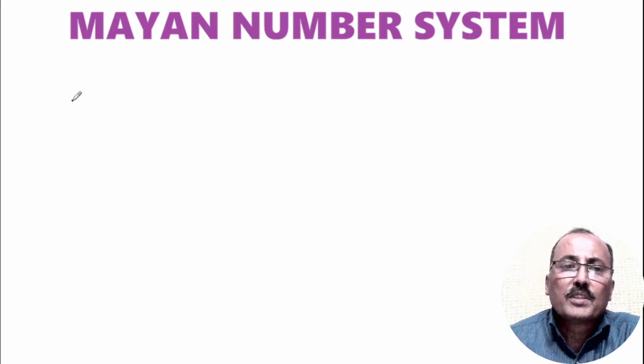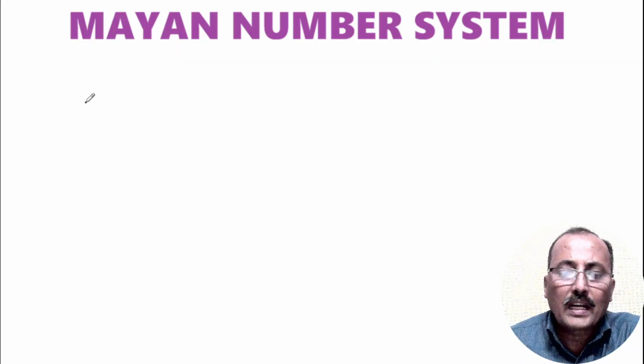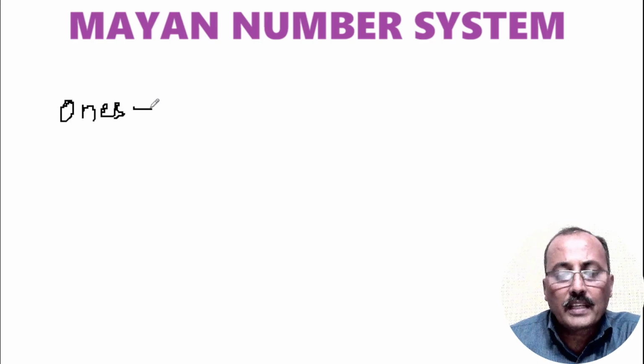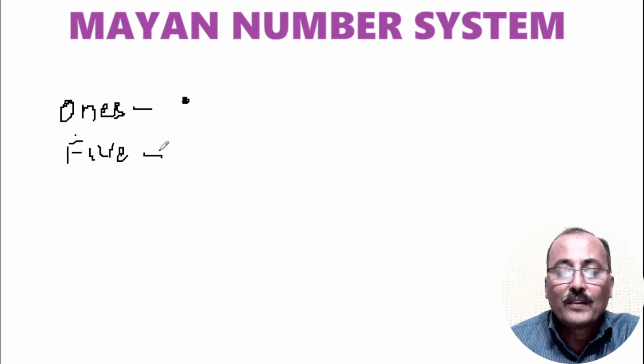In the Mayan number system, they used only two symbols. For ones they used a dot, and for fives, this is a new system, they used just a bar.